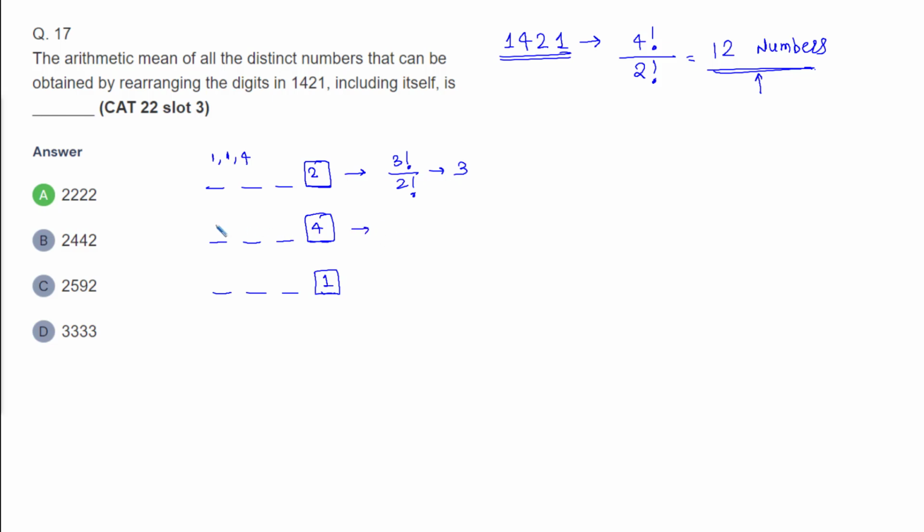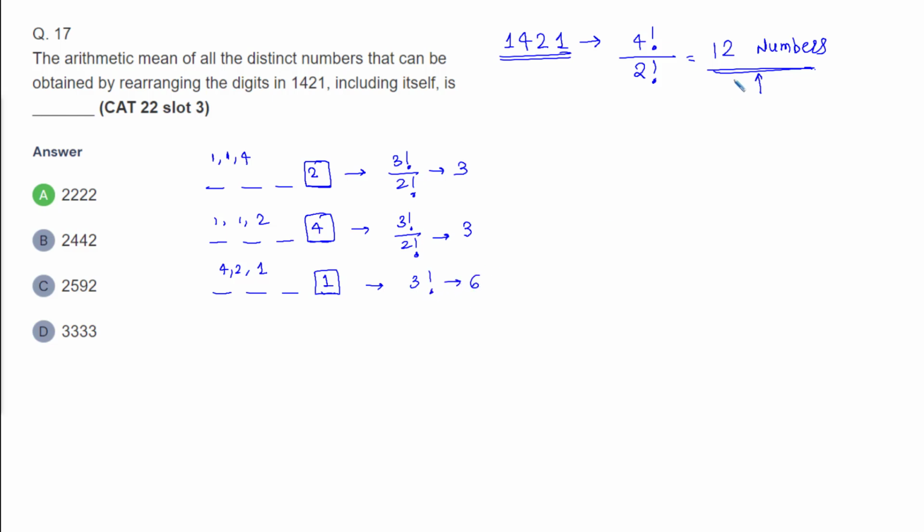Over here again 1, 1, 2 will get arranged in 3 factorial divided by 2 factorial, that is 3 ways. And over here 4, 2, 1 will get arranged in 3 factorial, that is 6.